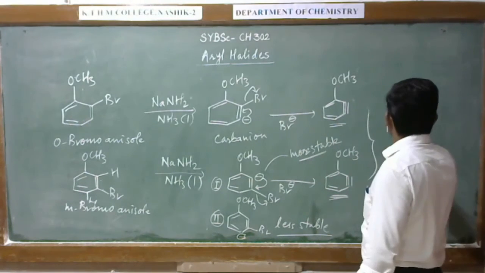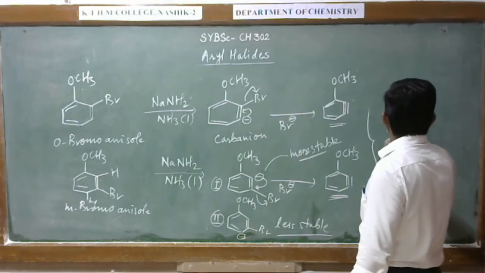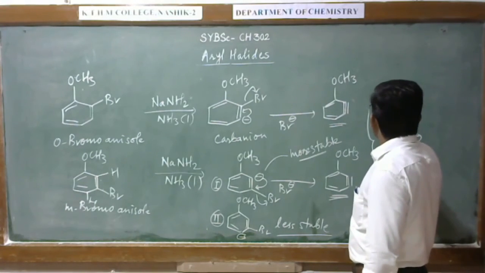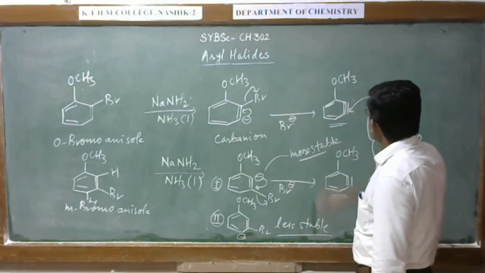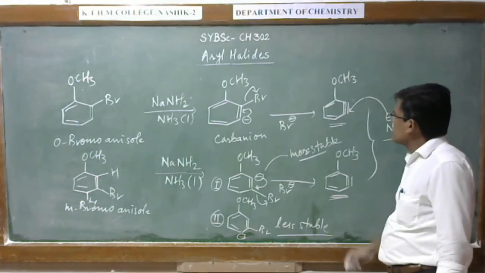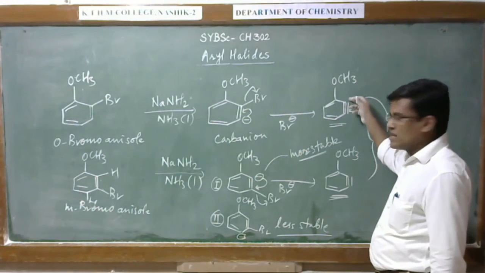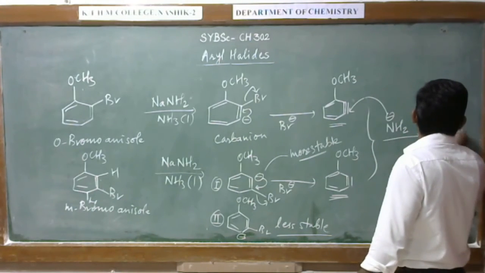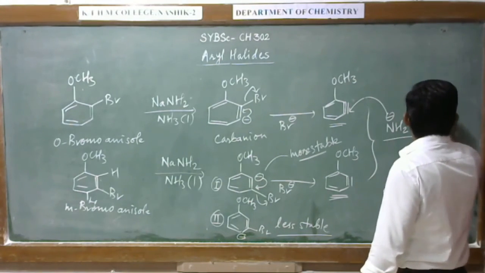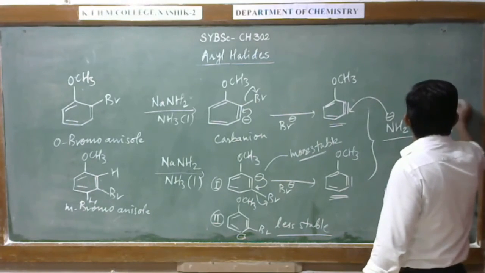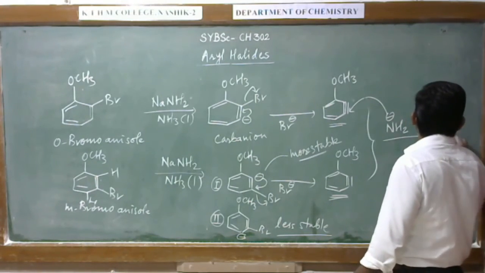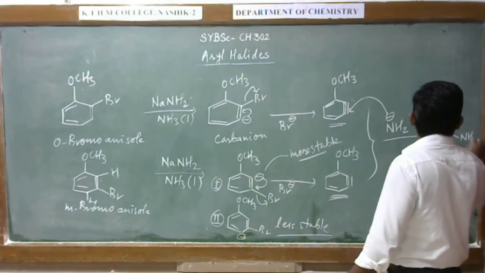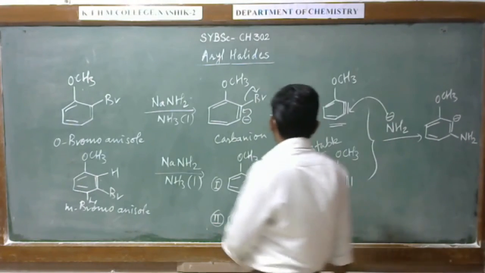And this amide ion can attack at this carbon so as to generate this more stable carbanion, okay. So here the more stable carbanion will generate, as we have seen here.